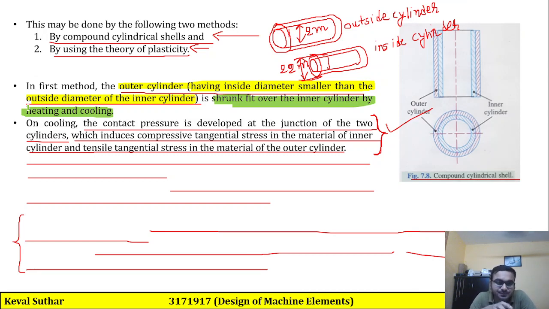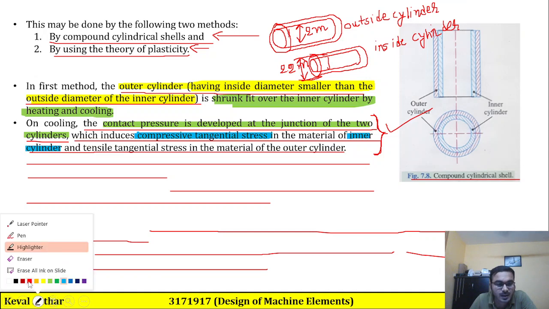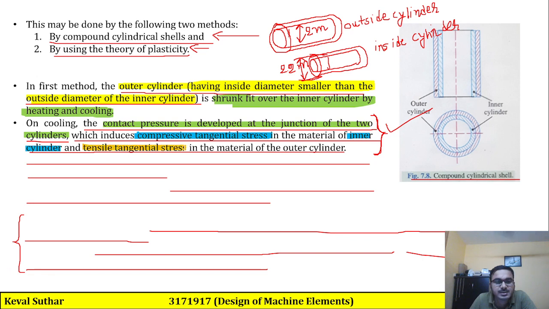So when we cool it, once it is cooled, then contact pressure is developed at the junction of the two cylinders, which induces compressive tangential stress in the material of the inner cylinder and tensile tangential stress in the material of the outer cylinder.